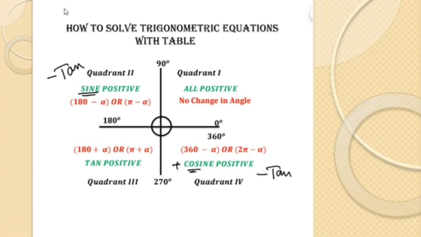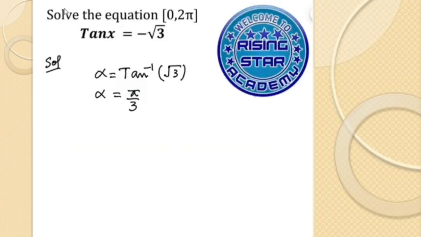So definitely if cosine is positive, tan would be negative, the sine will also be negative. So it means we need to subtract the basic angle from pi and from 2 pi. So pi minus alpha and 2 pi minus alpha, because tan is negative in the second and the fourth quadrant.